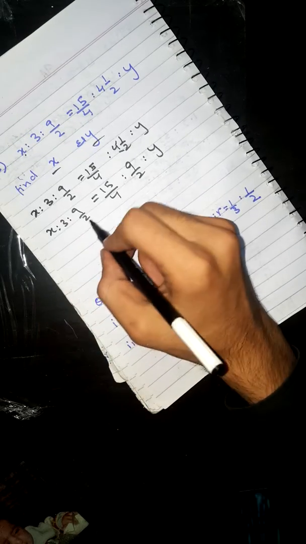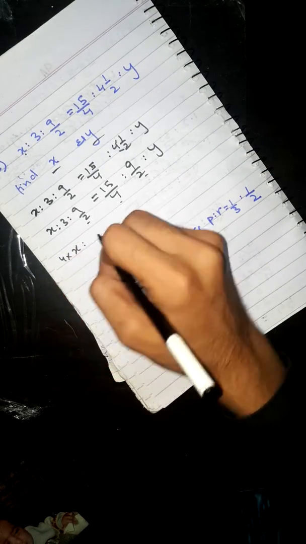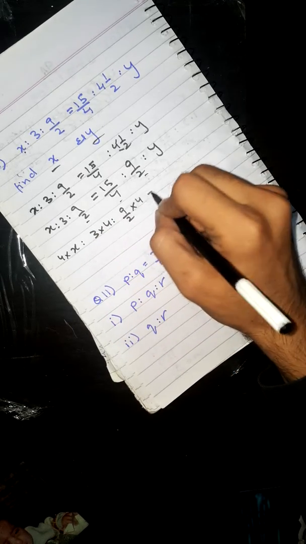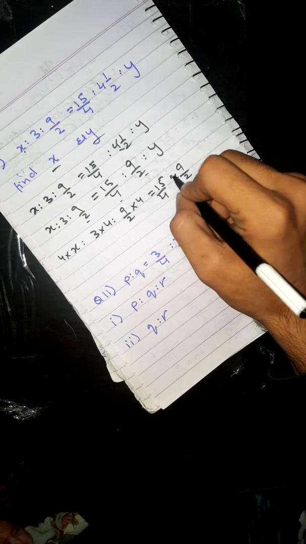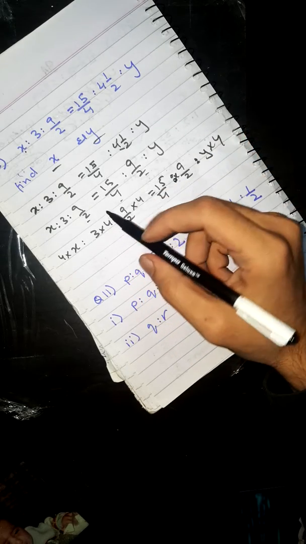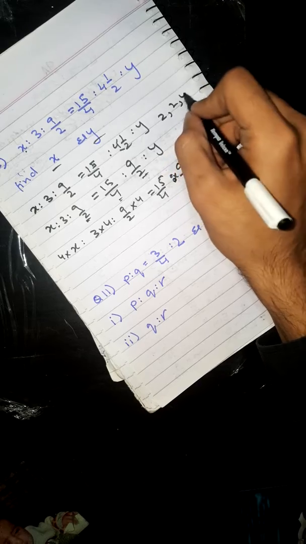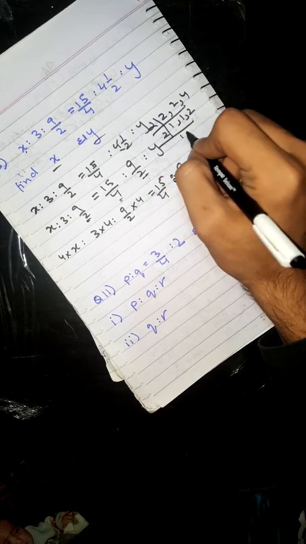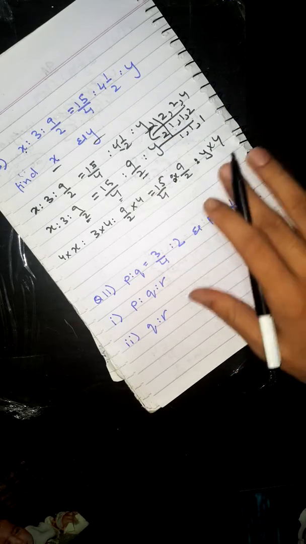Now to get rid of these denominators, we will multiply each of them with 4. To find out which number we should multiply it with, we should take the LCM of the denominators. So it comes out to be 2 times 2, 4. So that is why I multiplied it by 4.